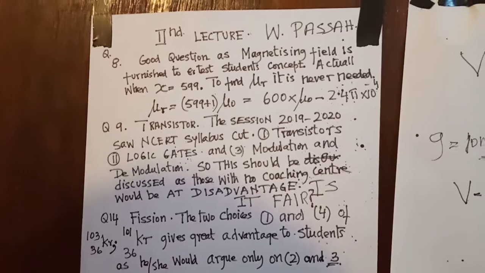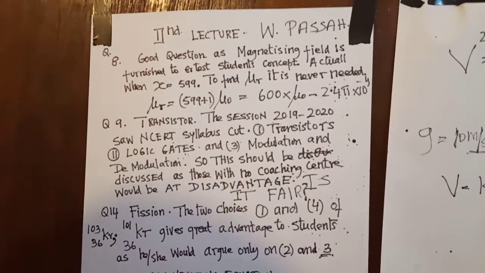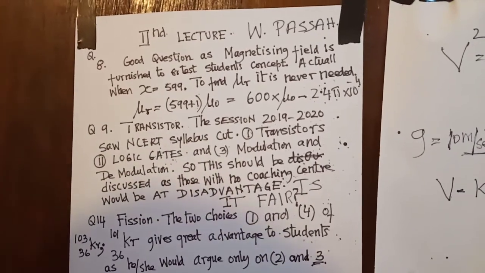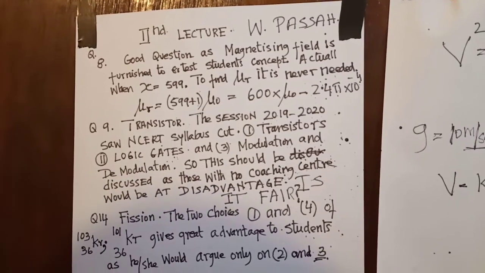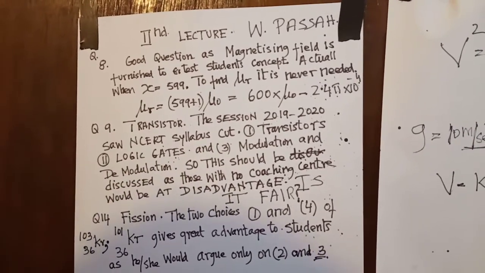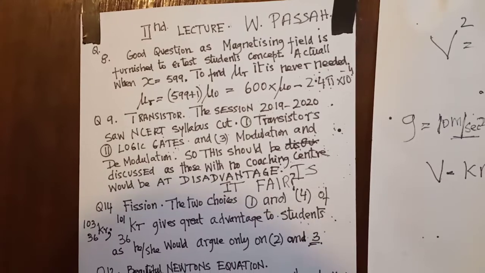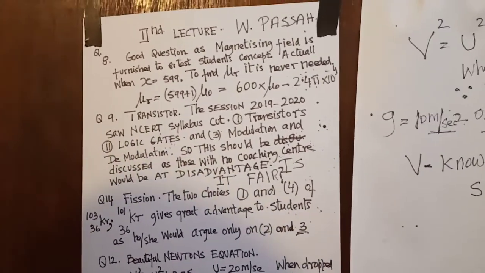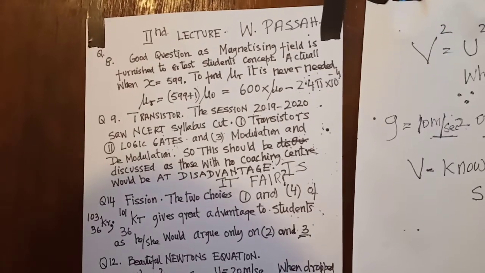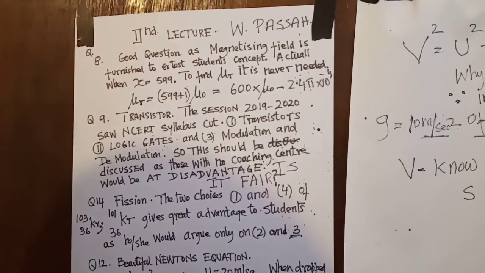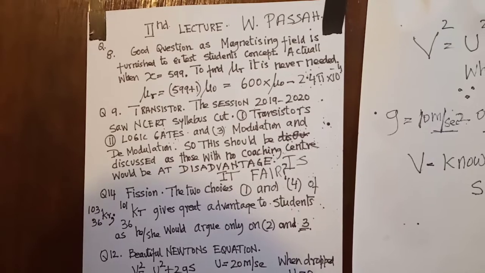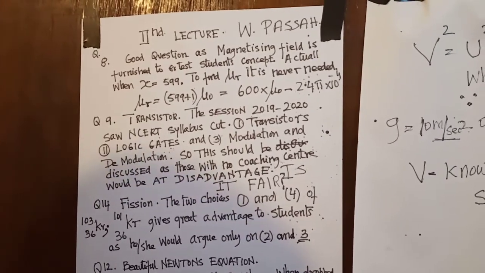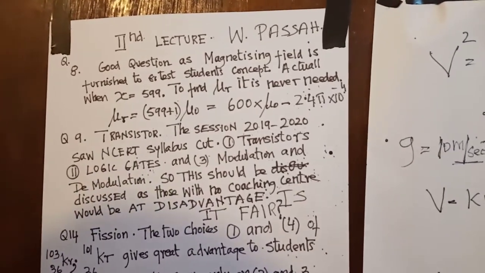But here again, the students have been tricked a little bit, because the magnetizing field is not at all needed. You only know that susceptibility is 599, so mu r will be 599 plus 1, into mu naught.